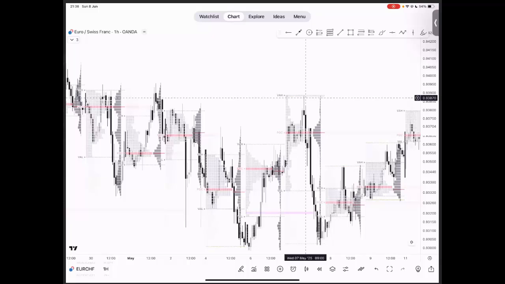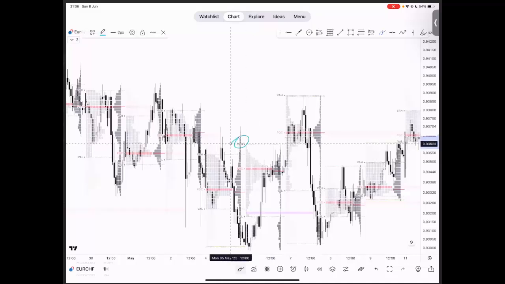Like if you look at what happened here now, this particular one went above the previous day's value area high. And I told you when price goes above value area high, you're anticipating sells. But then the sells are not immediate. You have to ask yourself, where is the best possible place where the price can sell from?